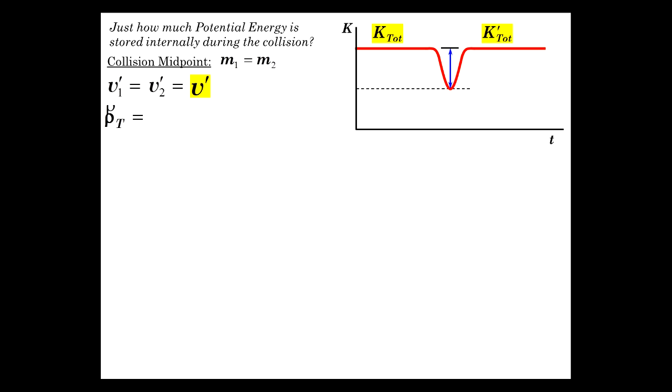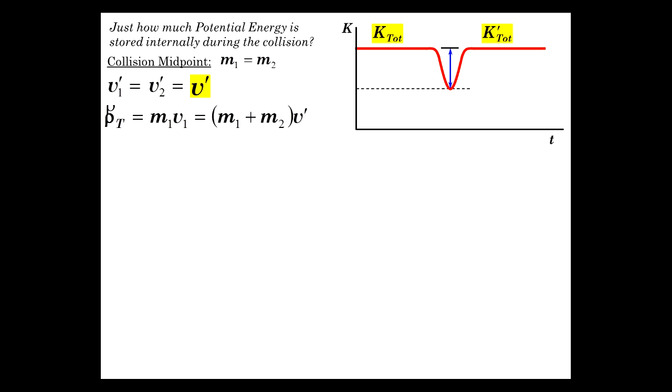So then, total momentum is equal to m1 v1. That was the initial momentum. That's also the final momentum, or the momentum at the midpoint. And at the midpoint, it's m1 plus m2 times this new velocity, v prime.